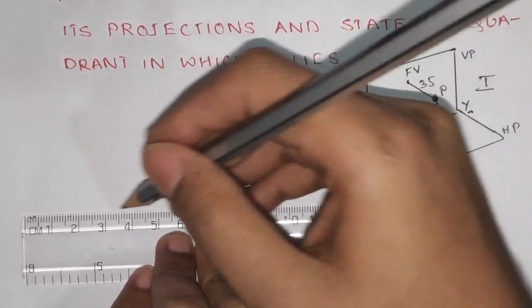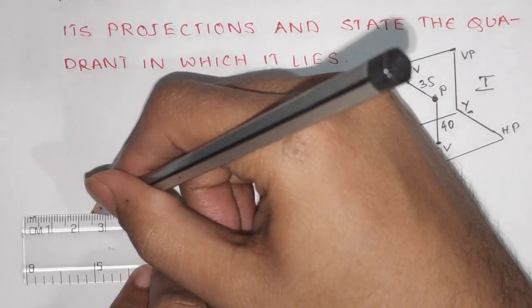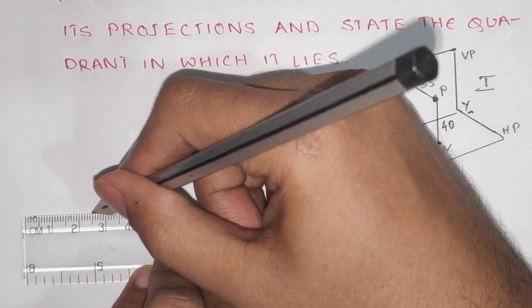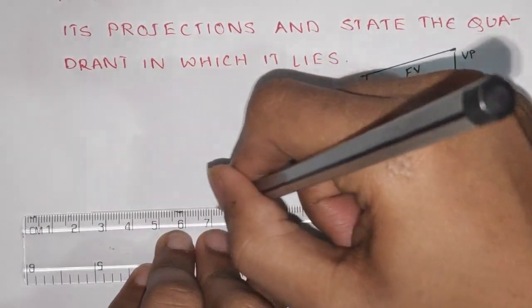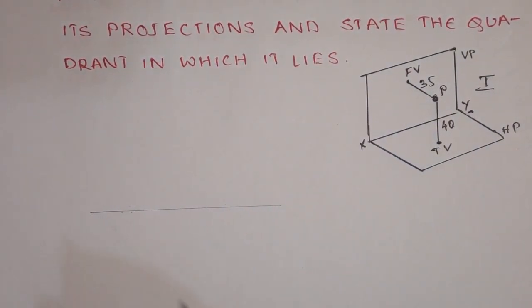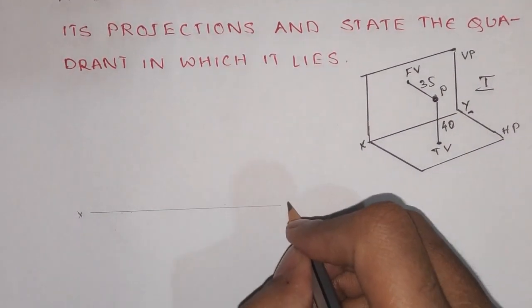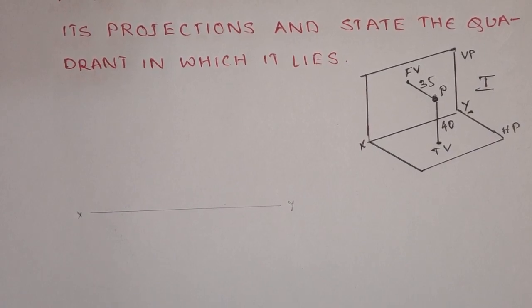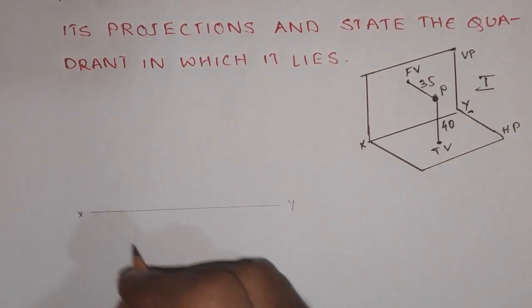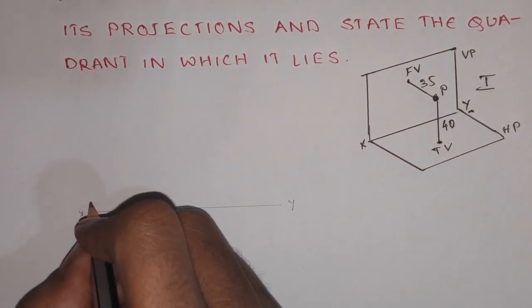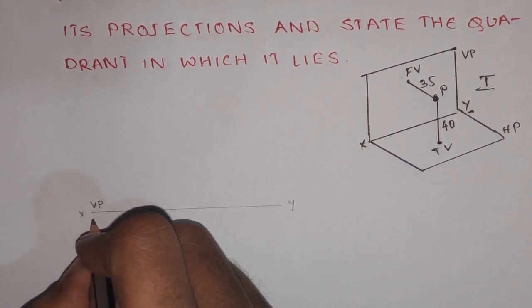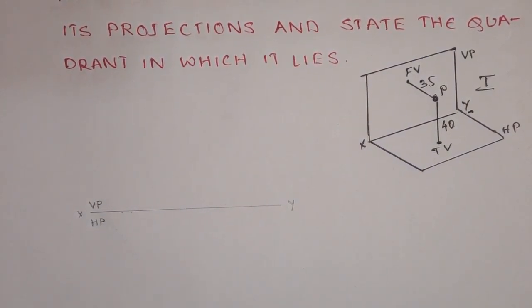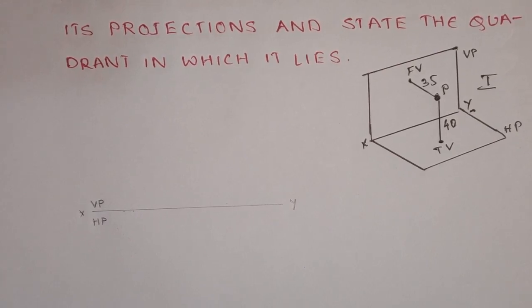With this pencil I'll apply a slight pressure, not too light and not too heavy. With a slight pressure I have drawn this XY line. This is an intermediate thick line. Since we know this is in the first quadrant, we write VP here, and we write HP below the XY line. Once this is done, now we need to do the projection.